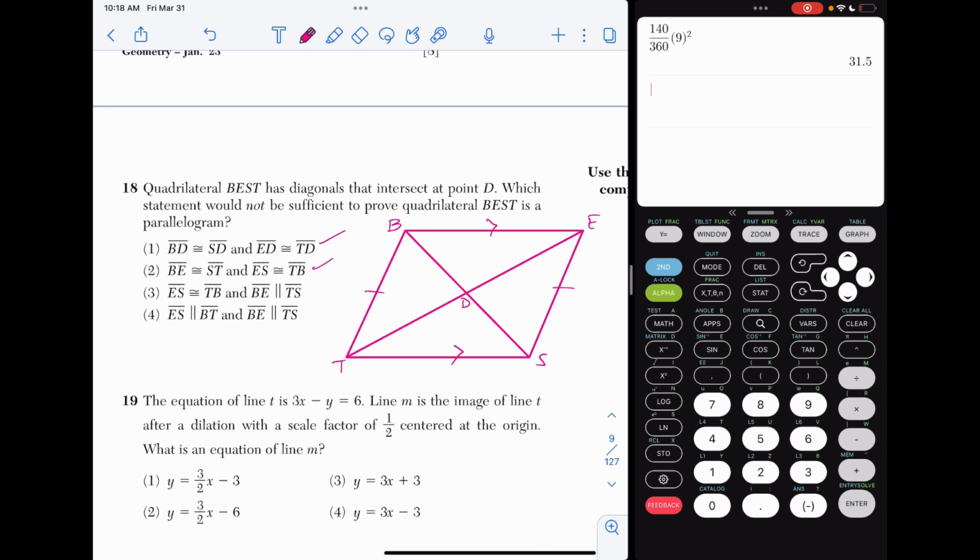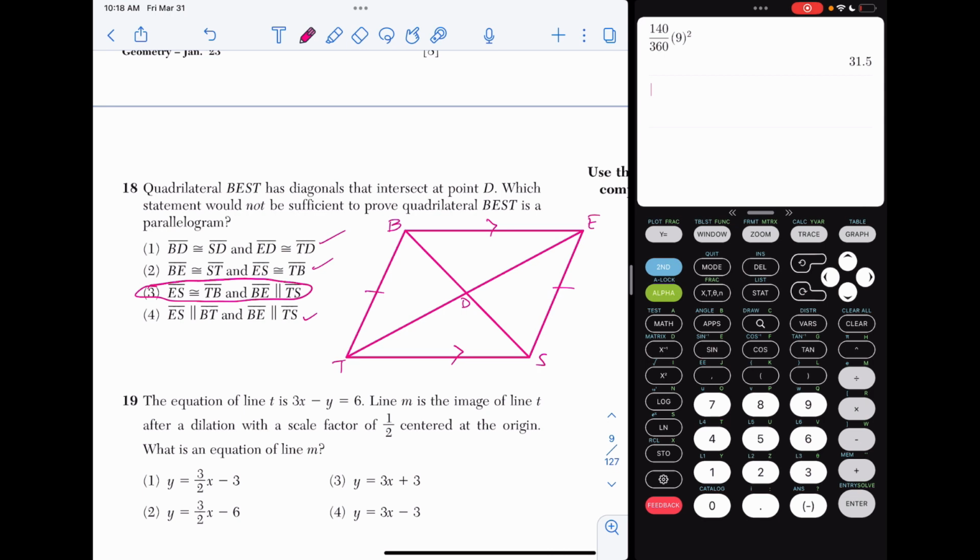And it's true that opposite sides are parallel, but it doesn't tell us about both sides here. So I'm going to hold on to that information. And I'm going to look at choice 4. ES is parallel to BT. And BE is parallel to TS. Now they're telling me about both sets of parallel sides. So I know that that's true. So I believe that choice 3 is the answer.